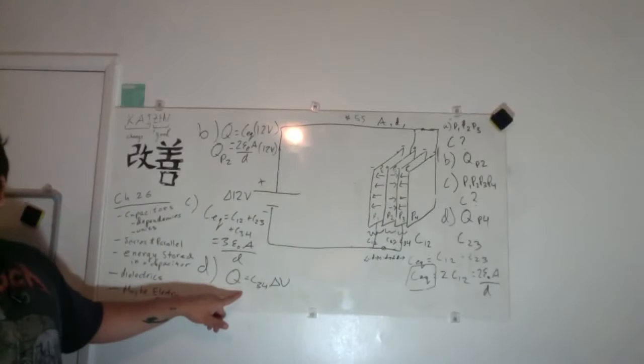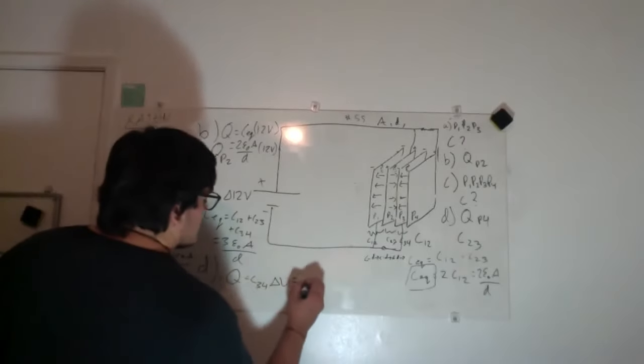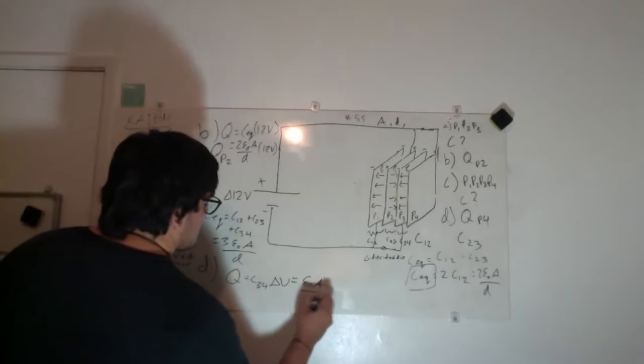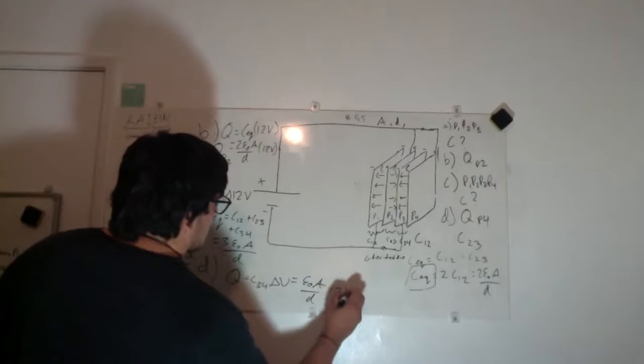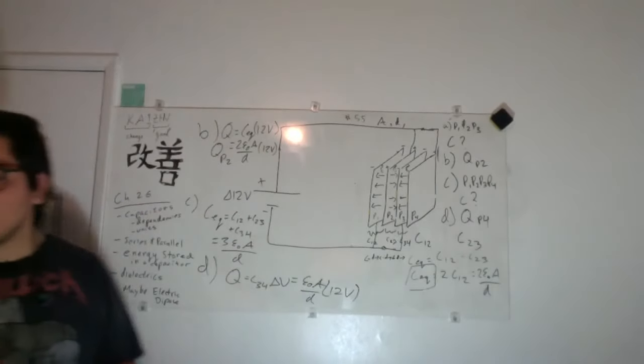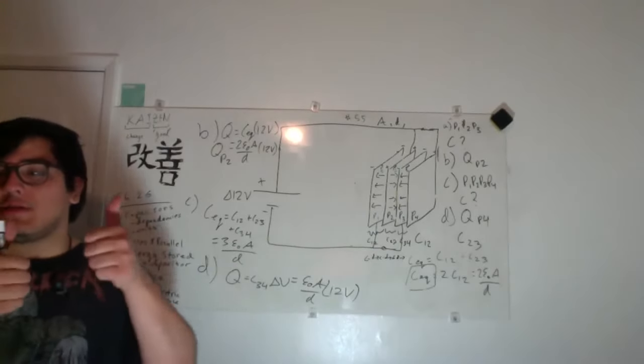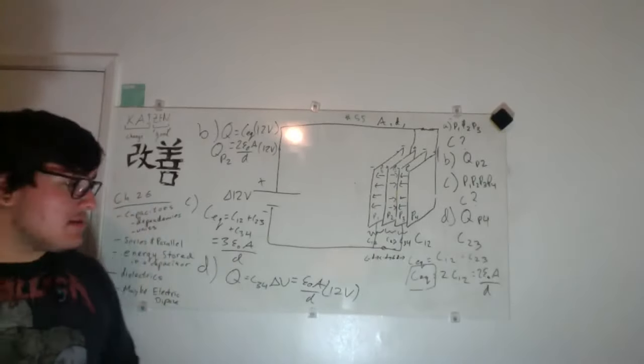This instead is just the capacitance due to 1. So epsilon A over D times 12 volts. Is that good? Follow?